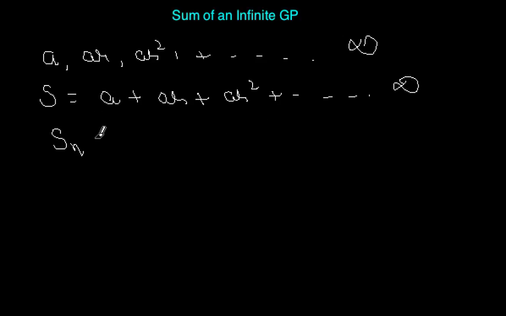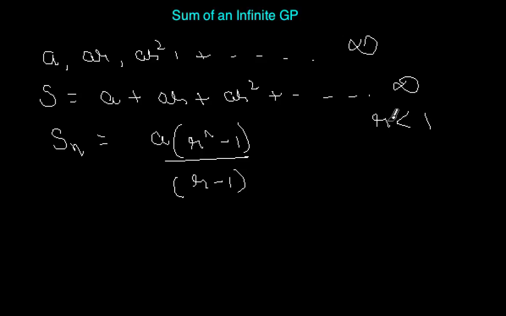Now we know the sum of n terms of a GP is a into r to the power n minus 1 upon r minus 1. Clearly this sum will be finite only if mod of r is less than 1, otherwise the sum will go to infinity.